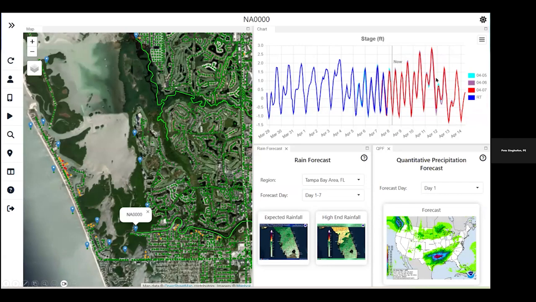And then everything to the right of that is a forecast. So we were forecasting in this case around April 11th, higher than usual tide. And then in the dashboard, some of these points here start lighting up. They turn orange and red if they're at risk of flooding. Orange is a flood warning. Red is a flood alert.